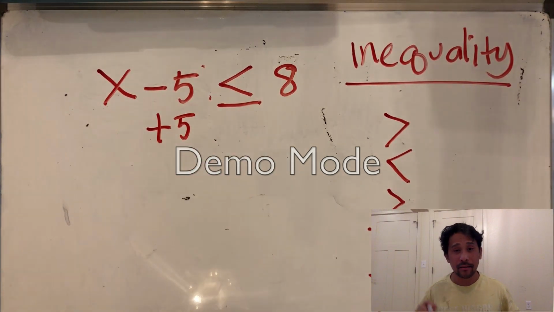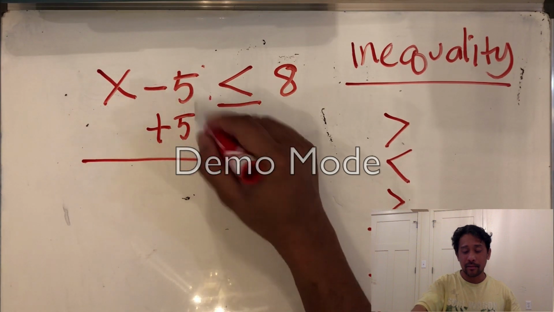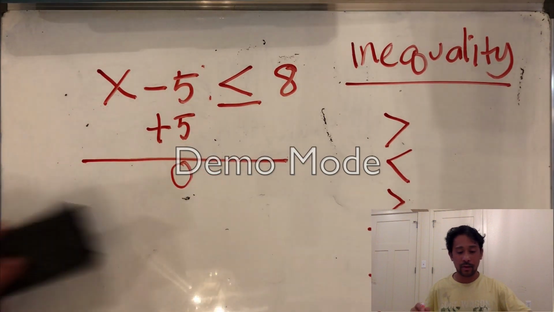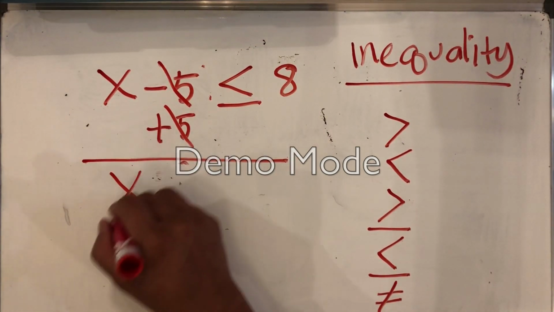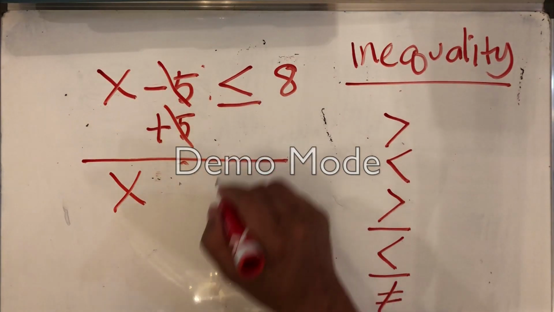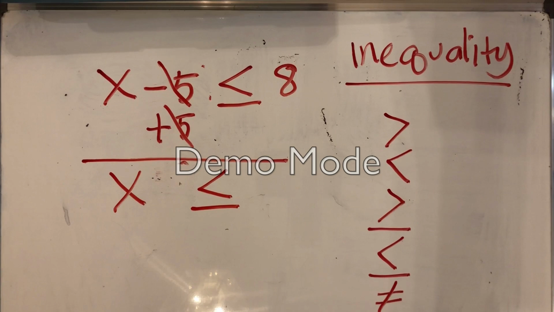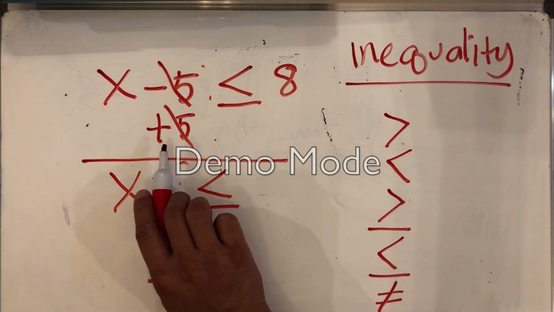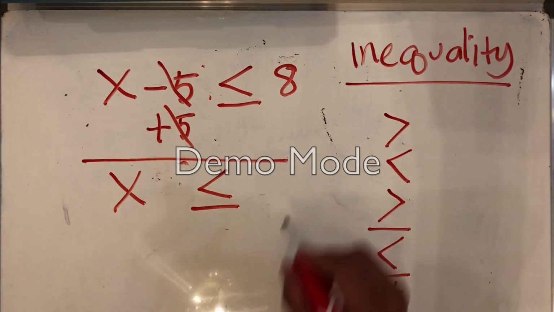Now, if I add +5, it becomes a zero pair, meaning I subtract it and I will have 0. We don't have to write the 0 anymore. So I just cancel this out. I bring down the variable x, and I bring down the inequality, which is a less than or equal to. And again, as in any equation, what I do to one side of the equation, if I did a +5 here, I have to add a +5 here.